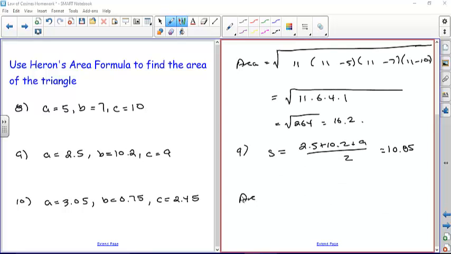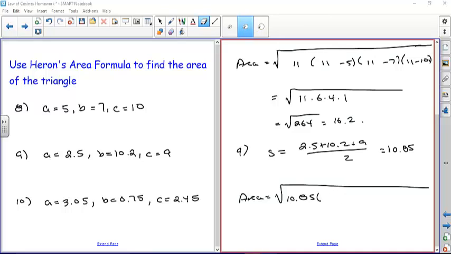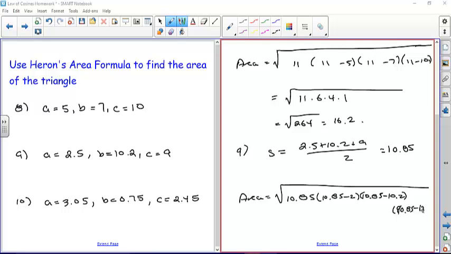And then the area is the square root of 10.85 times 10.85 minus 2, 10.85 minus 10.2, and 10.85 minus 9.